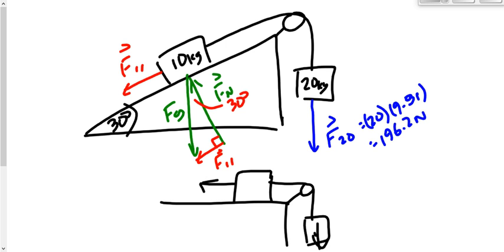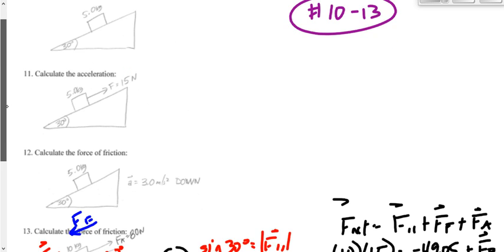So get F parallel, and you know how to do that because you've been working on that for 20 minutes here today. Get the force of gravity acting on the 20 kilogram object like you would have last week right here, and then combine them the way that you did last week. All right, take a look at question number 14 now. See what you can do with it at your desks.